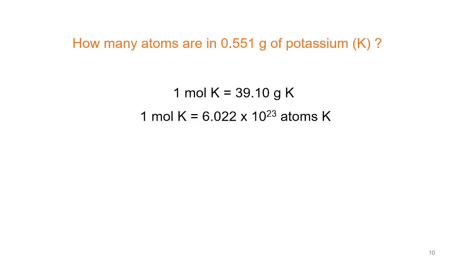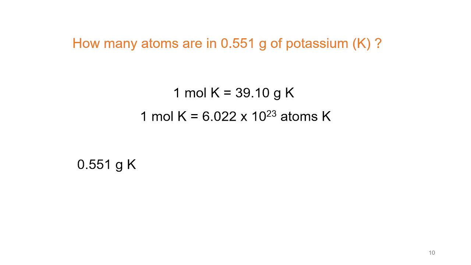Then we also know that 1 mole of any element, specifically potassium, has 6.022 times 10 raised to 23 atoms of potassium. Basically, we have our given, and we need to convert that into moles.